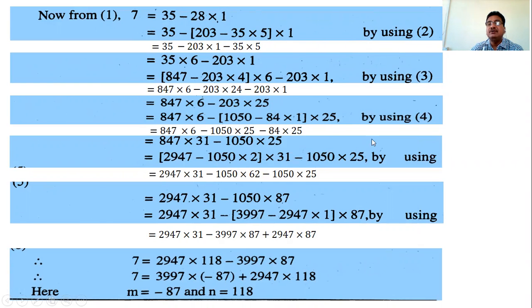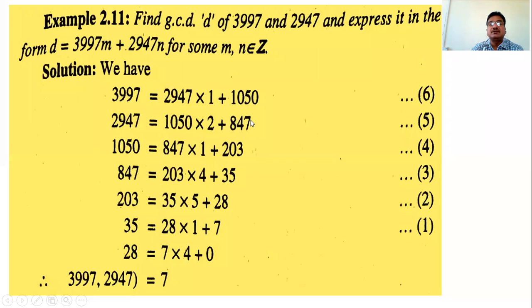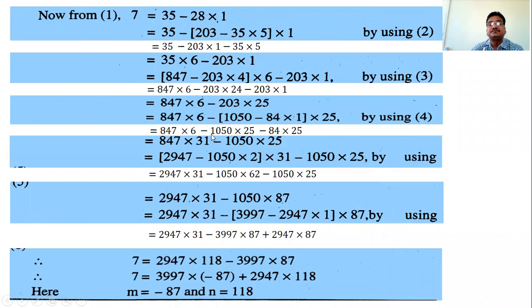Okay, successively use all the equations successively. Then what do we have for the value of 847? 2947 minus 1050 into 2, and into 31 as it is, minus 1050 into 25.